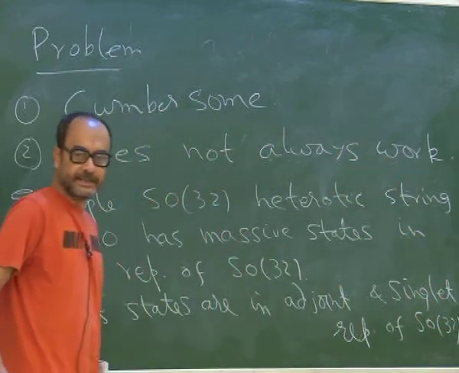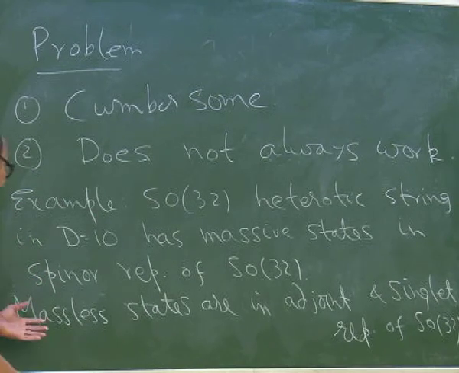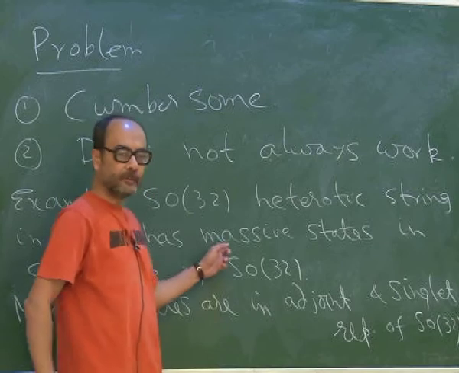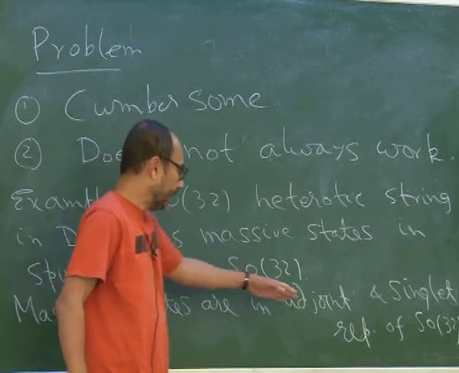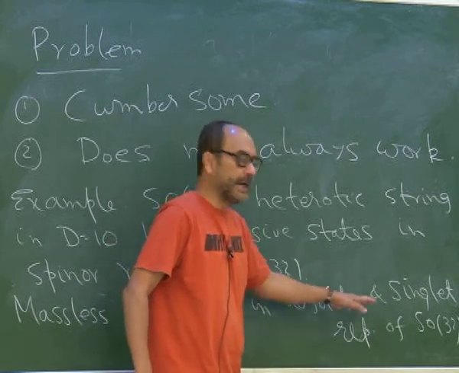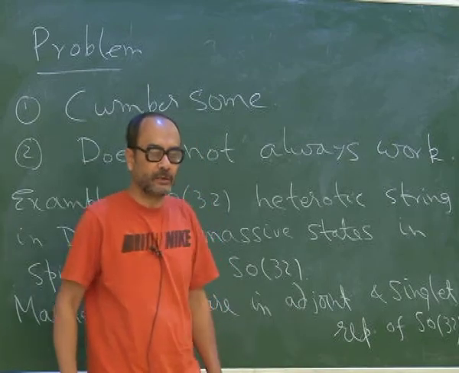There are no BPS states in 10-dimensional heterotic string theory. So you see from here that it's impossible to produce any one of the states in the spinor representation of SO(32) by colliding singlet and adjoint representations, as a one particle intermediate state. It's just inconsistent with the SO(32) group theory.